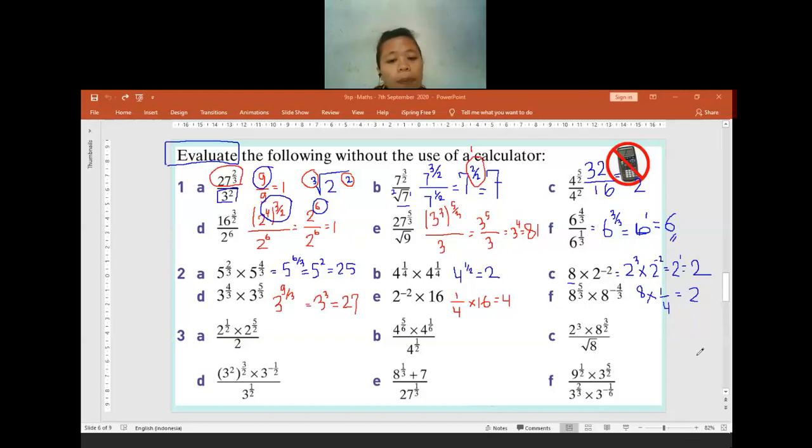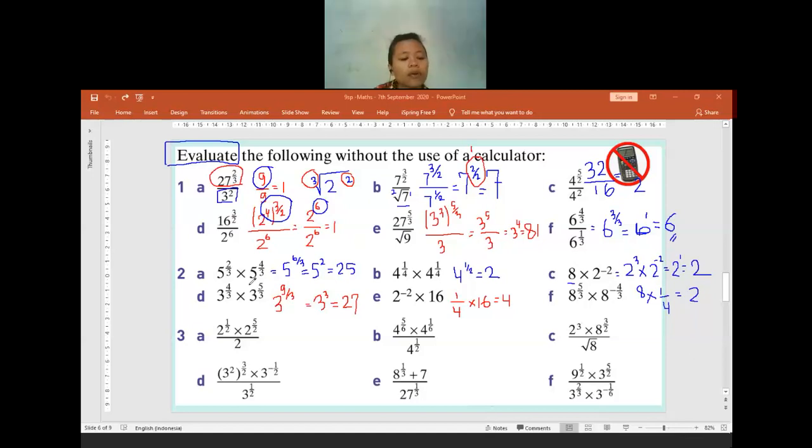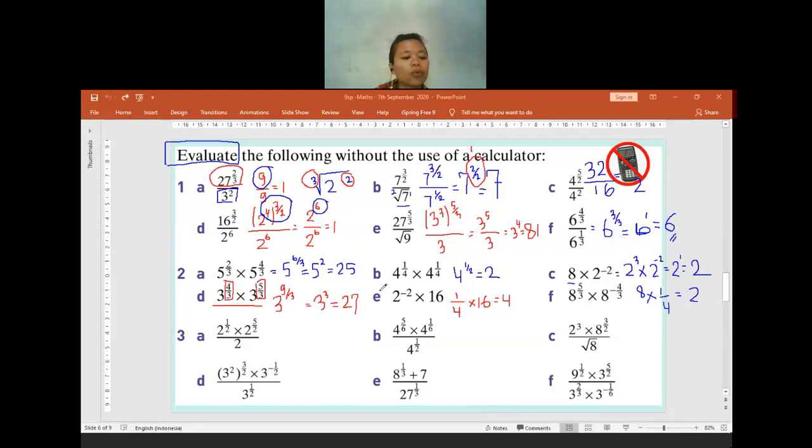Teacher, actually, how did you make it 9? Okay, for question D, when we have multiplication, we just need to add the index. I meant E. Oh, E, sorry. For E, we have 2 to the power of negative 2.